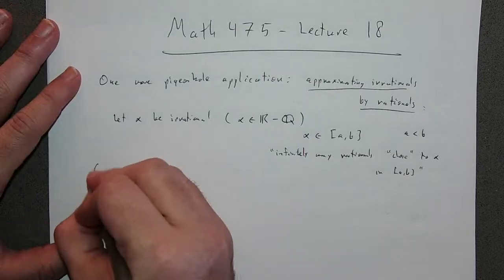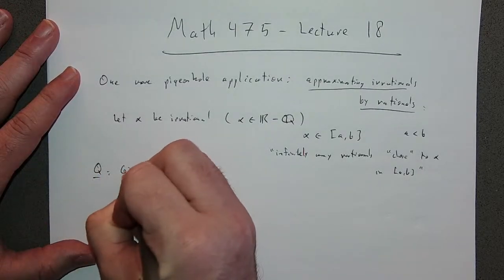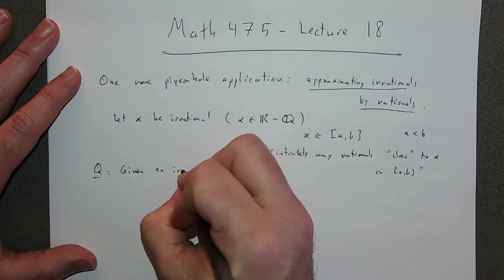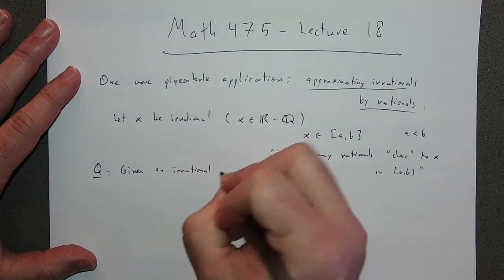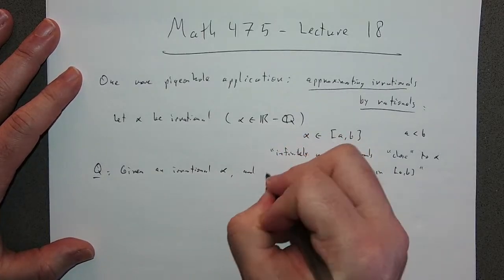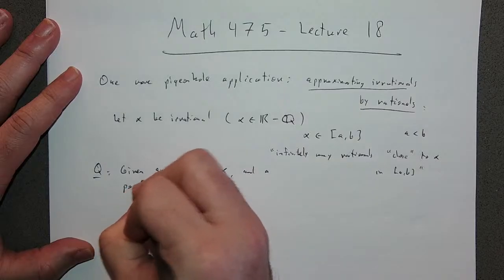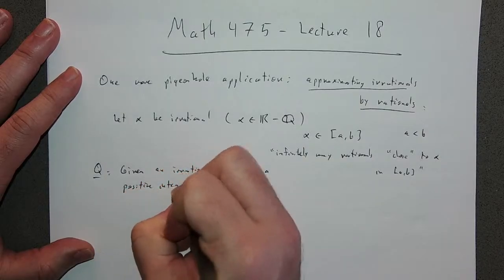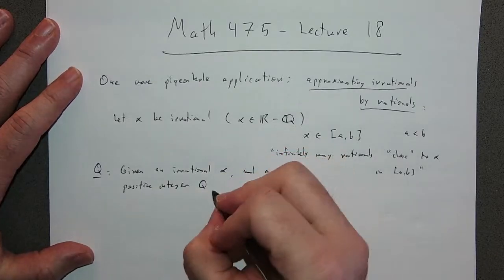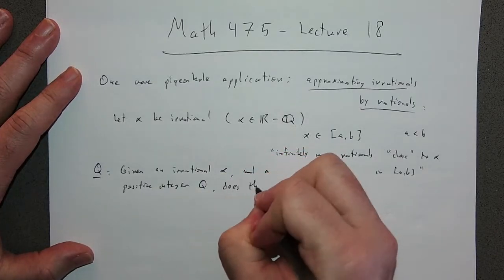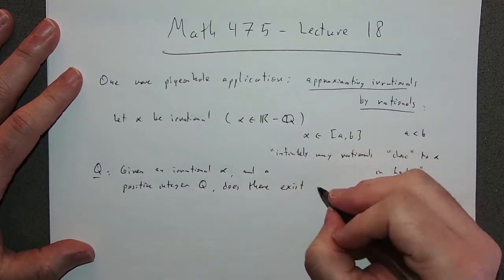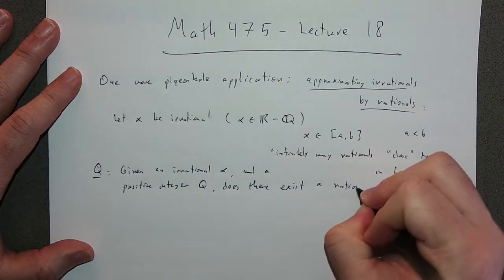So here's a question. Given an irrational number alpha, and a positive integer, say Q, does there exist a rational number?